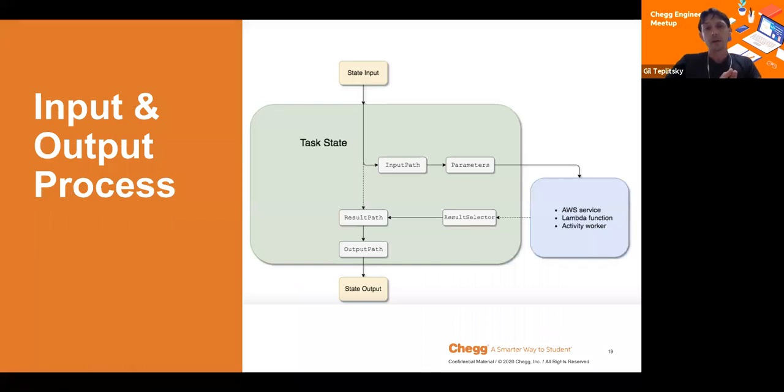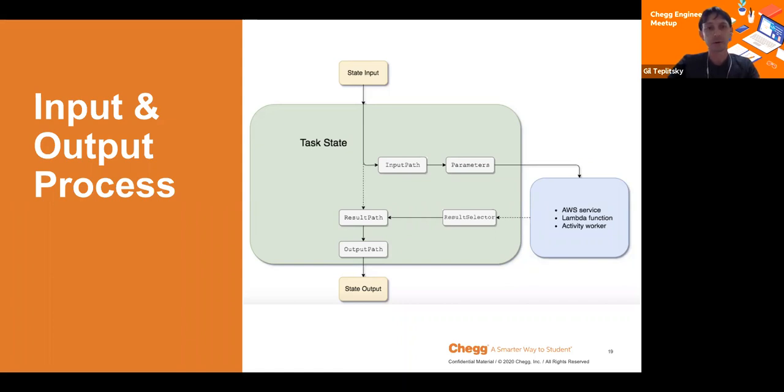So another important thing to understand about Step Functions and how it works is how the input and output is being processed. Each task state is being passed on into the entire execution state. So what it does is, first of all, it takes the input path and selects which part of the state we want to take.